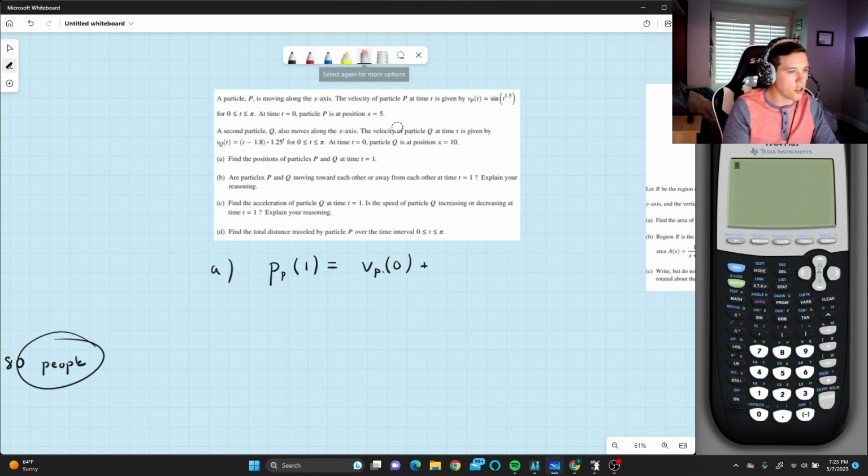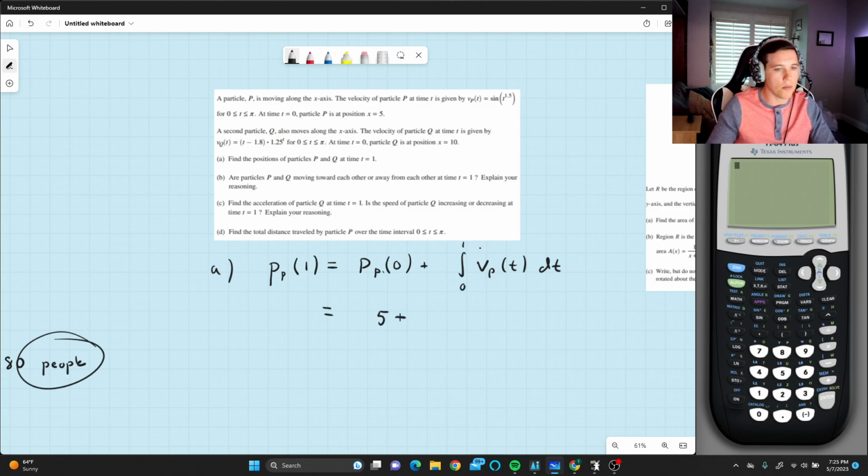Oops, that should be a big P. So the position of particle P at time 0 plus the accumulation from where you're at 0 to where you're trying to get, 1, of the velocity of particle P. And you plug all of that into your calculator. It would be 5 plus, and then this accumulation that, again, don't do it by hand if you have a calculator. So I will do this one.